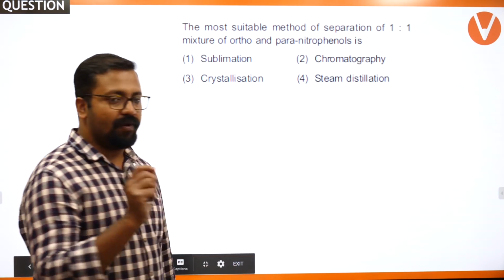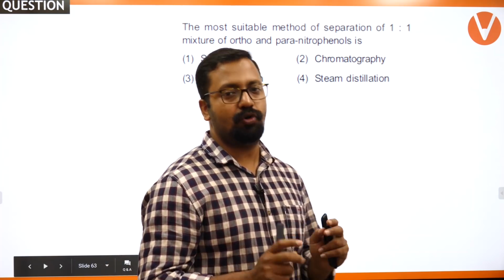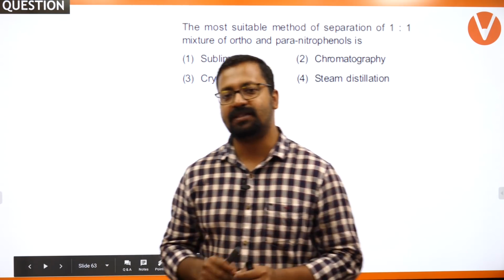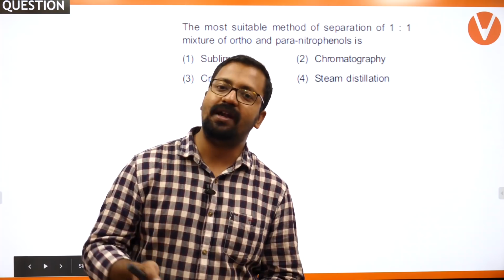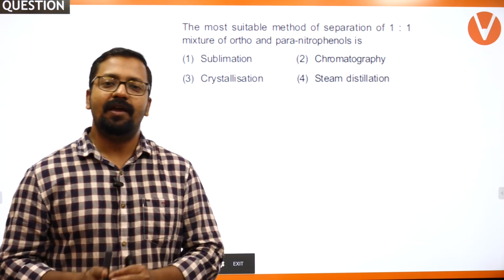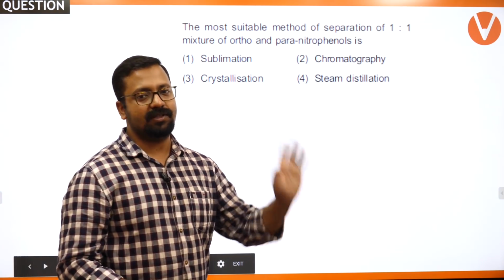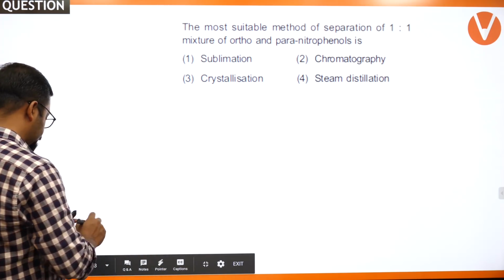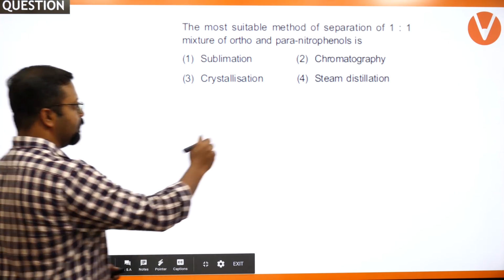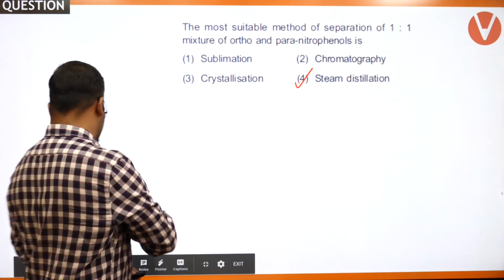Whenever two isomeric substances are taken in which the extent of hydrogen bonding differs, we use steam distillation for the separation. So the right answer to this question will be steam distillation.